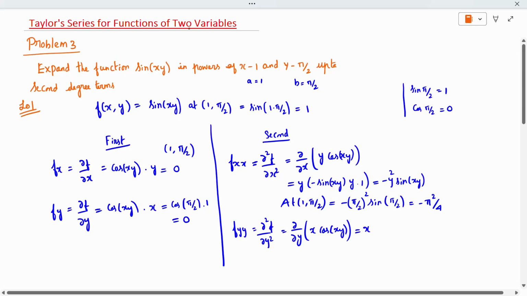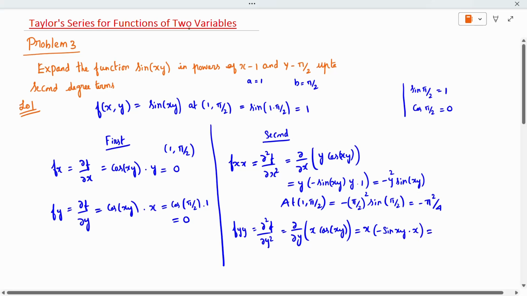Differentiating cos gives minus sin xy, into the derivative of the inside function with respect to y: x is constant, y differentiates to 1.